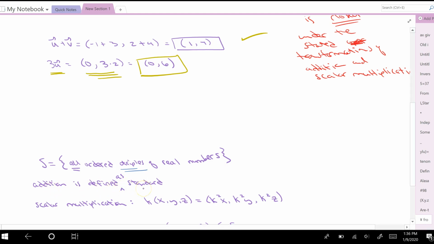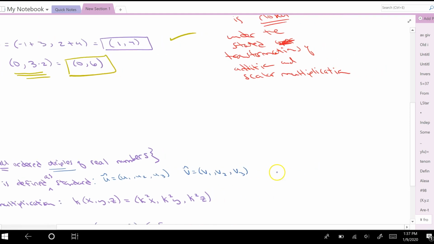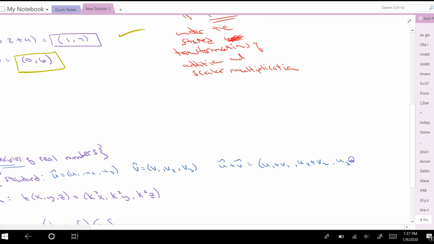Addition is defined as standard. And if I were going to write this out, when you're told addition is defined as standard, you could do this. You can say, if U equals U1, U2, U3, and V equals V1, V2, V3, the stated definition of addition for this problem is going to be U plus V equals U1 plus V1, U2 plus V2, U3 plus V3, okay?